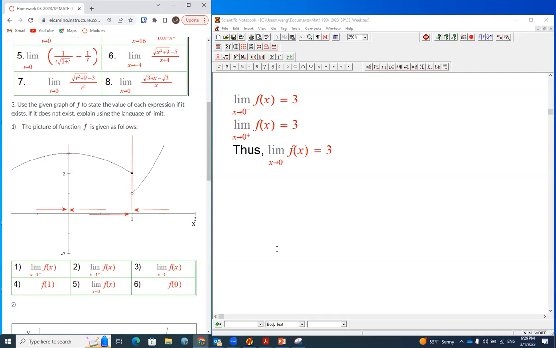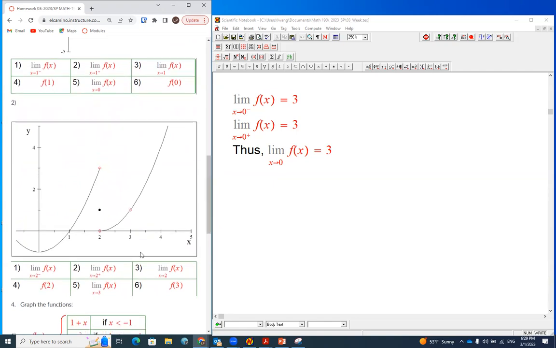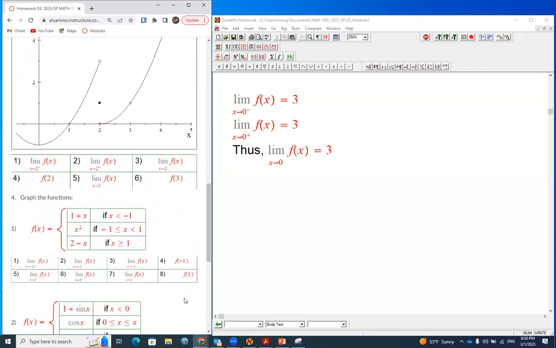So that's one of the homework questions we went over in class. Let's look at another one. This other one I save for your homework. It's very similar, so I'm going to leave it for you.